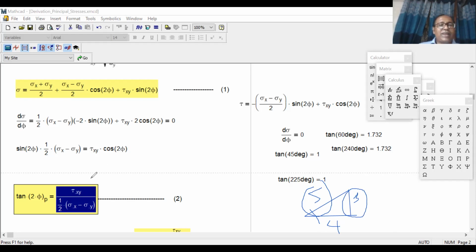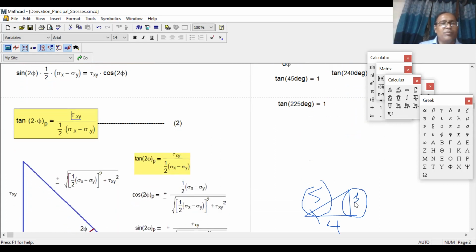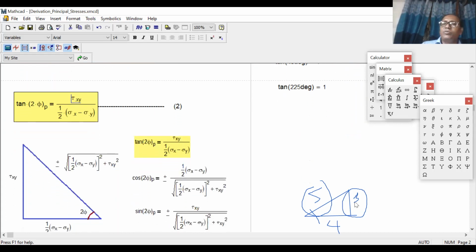Now, right over here, the value of tan is coming in terms of sigma x, sigma y, and tau xy. No sin phi or cos phi is there, right? So how we can figure out the sin phi and cos phi? Easily you can figure out the way I draw the triangle. How? Tan theta equal to perpendicular by base, right?